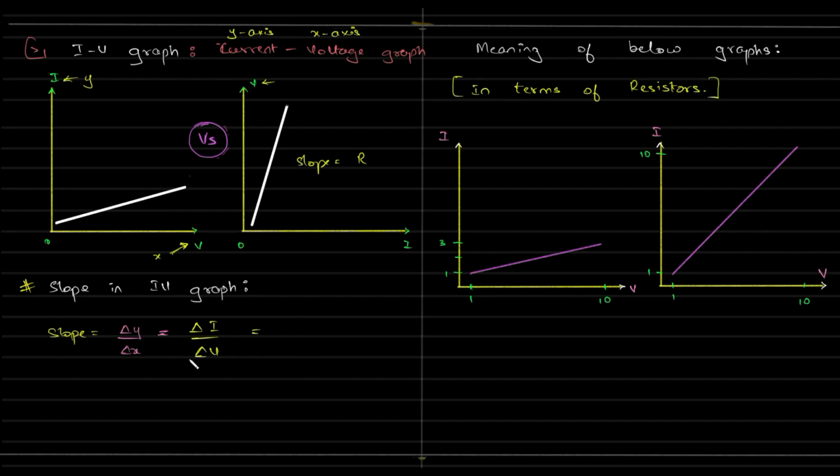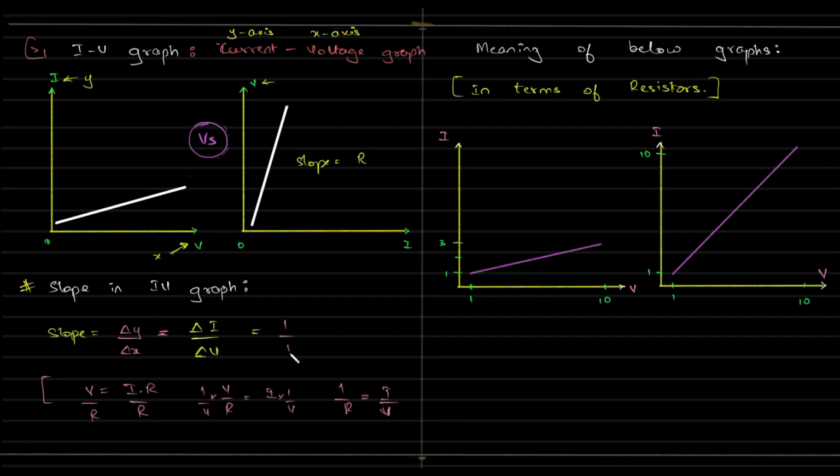But as per Ohm's law, V is equal to I into R. But I want I divided by V. So I'll divide with R on both sides, and I'll get V by R is equal to I. And I'll divide with V on both sides. So I'll get 1 by R is equal to I by V.